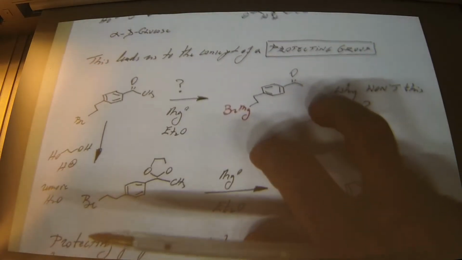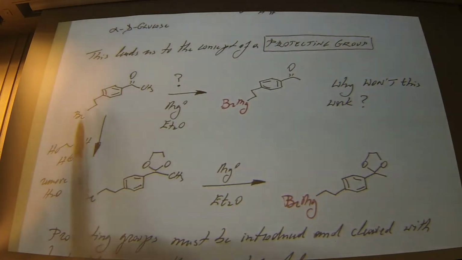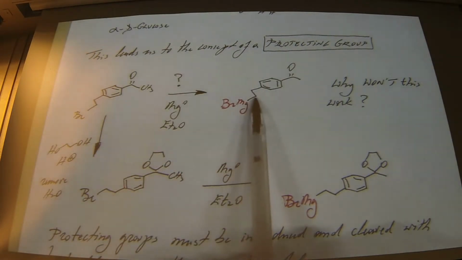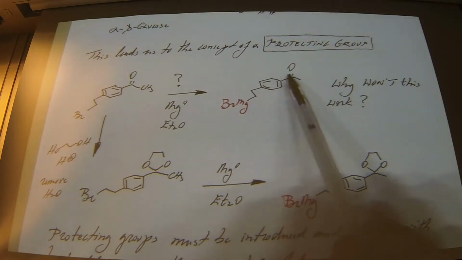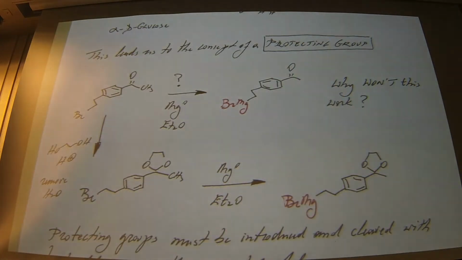Now, this led us to a discussion of protecting groups. Remember, I took this as the example. If I want to make this Grignard, I really cannot. This will never form because it will annihilate itself. This carbonyl will react with this nucleophile, not in the same molecule, but in a bimolecular reaction.